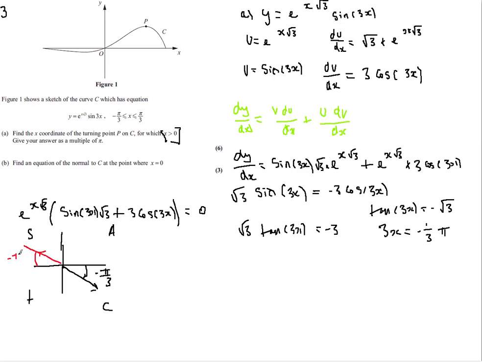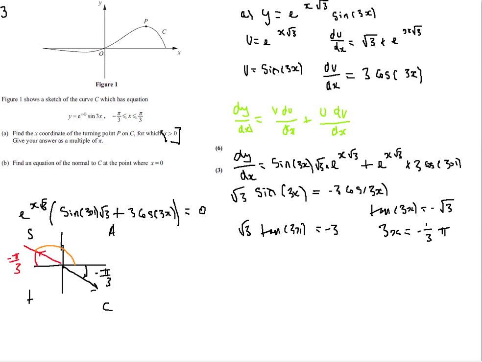But we don't want that angle, we want the angle from 0 because we want a positive value. So the angle we actually want is this one here.